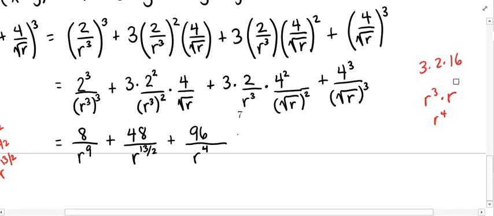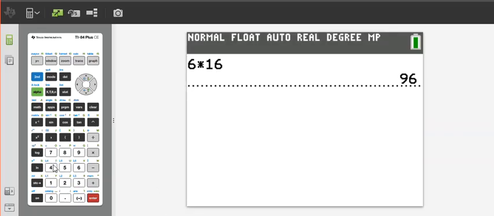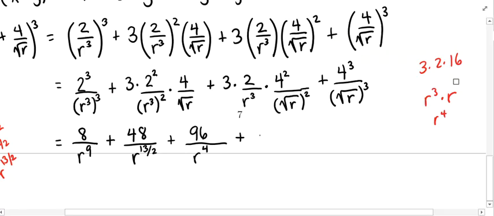And then the last term. We have 4 cubed in the numerator. 4 cubed is the same thing as 64. So this is going to be plus 64 over the bottom, which is the square root of r raised to the 3rd power. So how do you handle this? Well, the square root of r is the same thing as r to the 1/2 power.